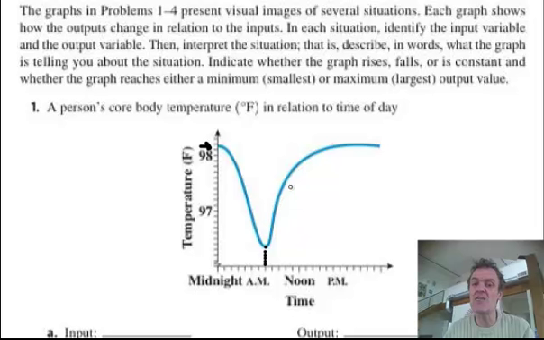It then increases. Maybe it's just the fact that it's night time. You're not sick or anything. Sometimes your temperature might go up if you're sick. But here's an important thing to think about: your body temperature is only a certain number at any time of day. It's not going to be 98 degrees and 100 degrees at, say, midday. It's only going to be one specific temperature.